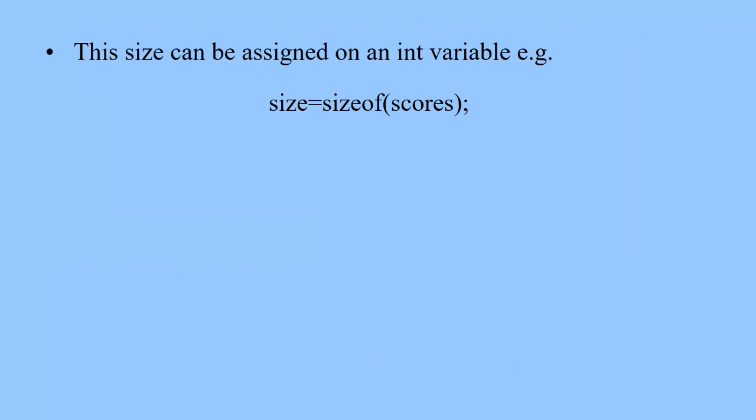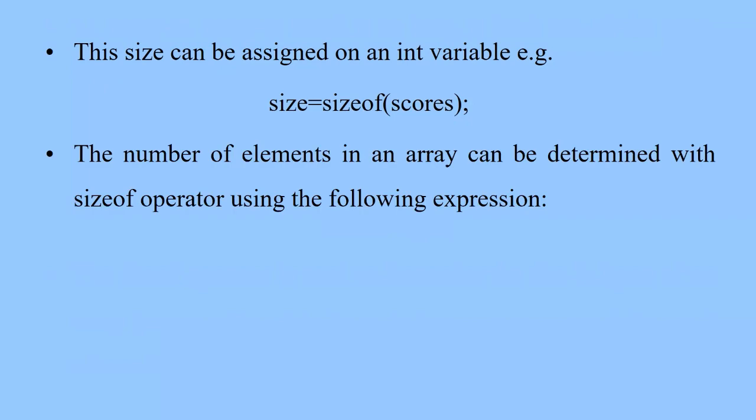In other words, compute the size of the memory location called scores and assign the result in the memory location called size. The number of elements in an array can be determined with the sizeof operator using the following expression.